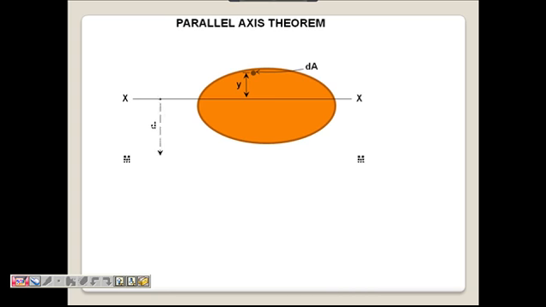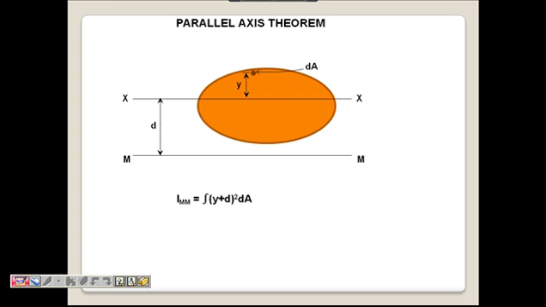Now, if I have another axis which is parallel to the x-axis at a distance d, then the moment of inertia of this area about this new axis mm is given by integral of (y plus d) whole square dA. Reason? The basic definition. And what was it? The area into distance square.